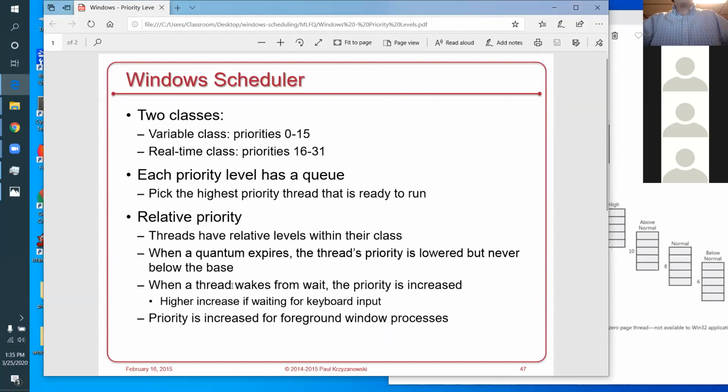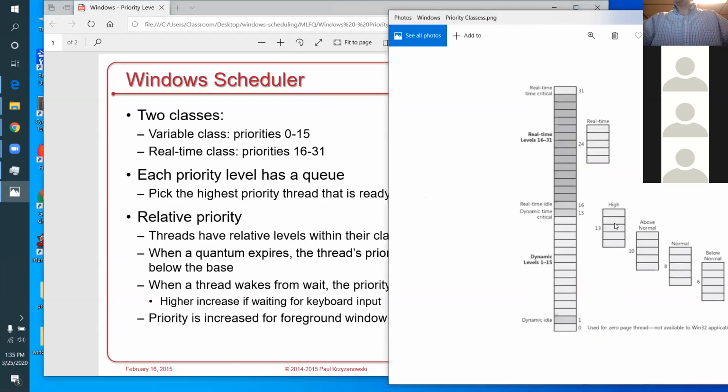Here's what's interesting. When a thread wakes from a wait, that means when it did an IO operation, the priority is increased. So if you use up your time quantum, you go down. If you do an IO operation, you go up.